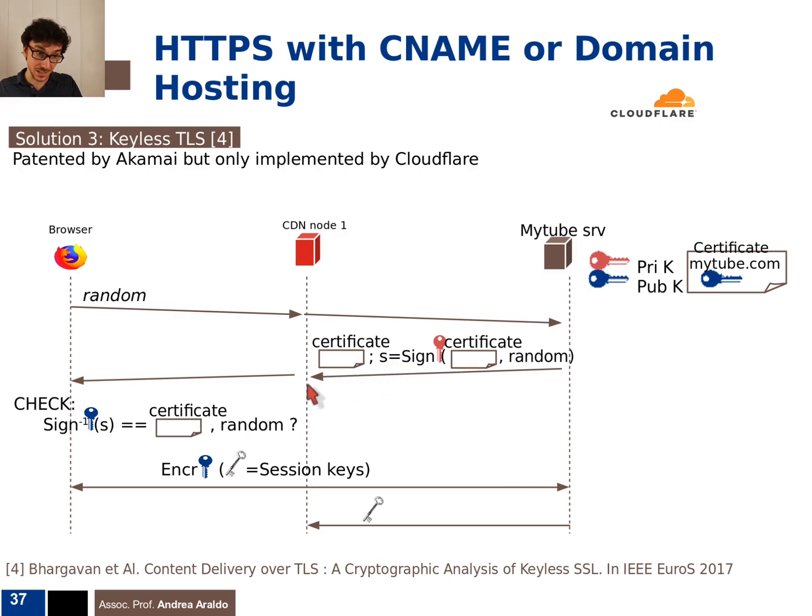And this message will be sent back to the browser and also to the CDN node. But this is not important. The browser now will apply the inverse function, and we see the inversion worked. So actually the node who replied was the correct one. But for the browser, the node who replies is the CDN. So far the browser believes that the CDN node is MyTube. So the browser doesn't know that behind the scenes the CDN has just played the man in the middle.